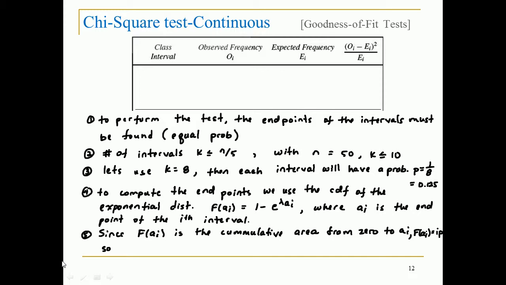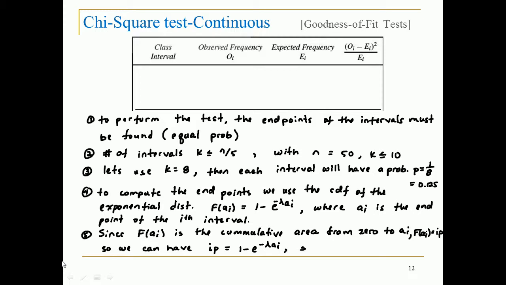So we can have i times p equals 1 minus e to the minus lambda a_i. I forgot to put that minus here.